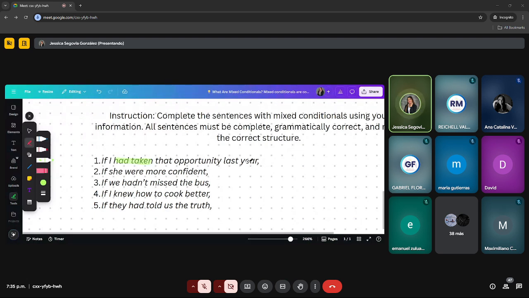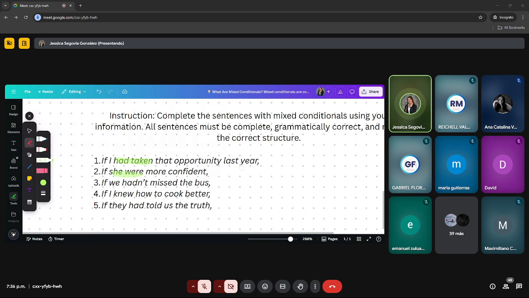In number two, if she were more confident, and then the rest of the sentence. Were is a past simple. Ahí no hay ningún had. Recuerden que lo que hace el past perfect es el característico had, no como verbo principal, sino como indicador de un tiempo pasado perfecto.